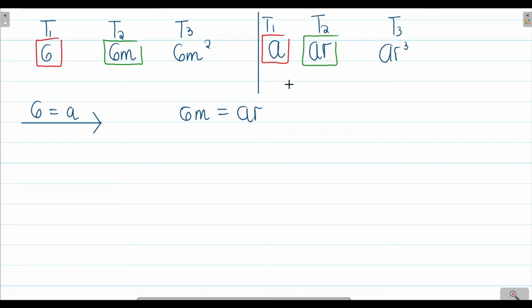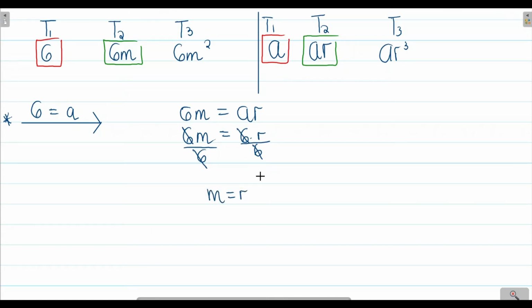What can we do here? We have already found that a is equal to 6. So when we see a, we just substitute 6 multiplied by r. If you divide both sides by 6, you will see that m is equal to r.